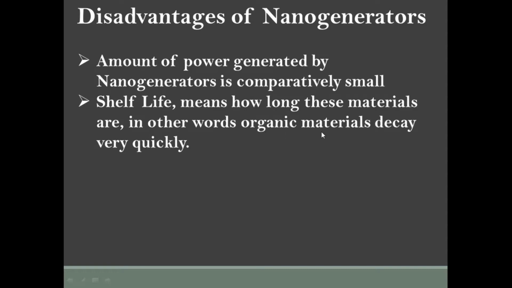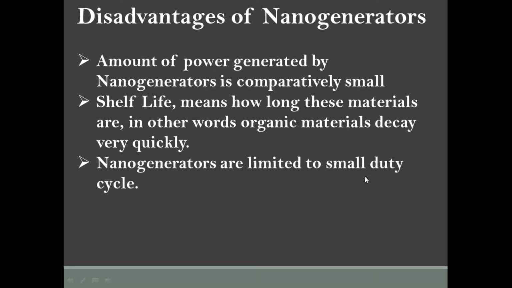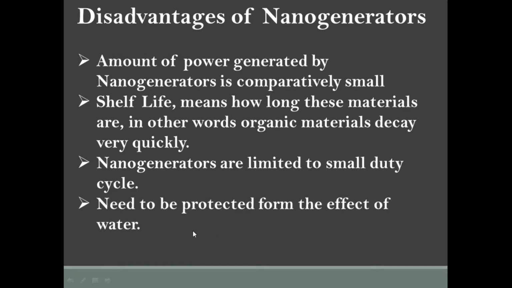In other words, organic materials decay very quickly. The third point is that nanogenerators are limited to a small duty cycle. They can't produce numerous voltages or currents. They also need to be protected from the effect of water. This is a basic drawback.